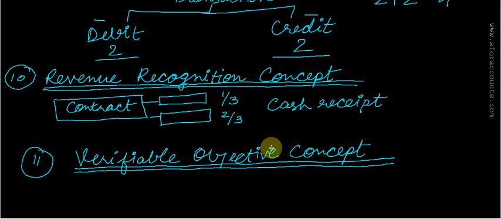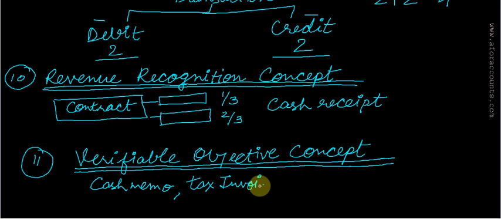Why I am doing this accounting entry into my books? Without a supporting document, say I am purchasing something and I am passing an entry without a purchase invoice, will they say that it's okay? No, there has to be a proof. So what are those proofs? Those proofs are cash memo, tax invoices, and bills.